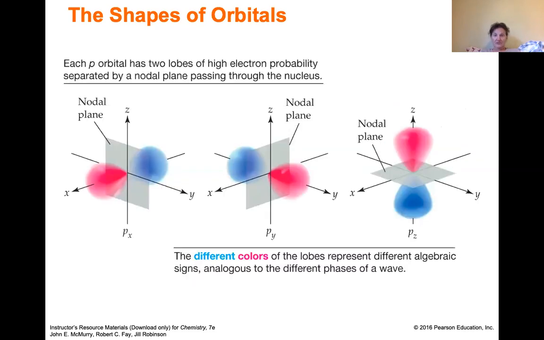So these are p orbitals. The red and the blue lobes are just different signs. So if you have mathematically a plus function on one side and you go through 0, that nodal plane where there's a 0 probability, on the other side, the function is going to be negative.